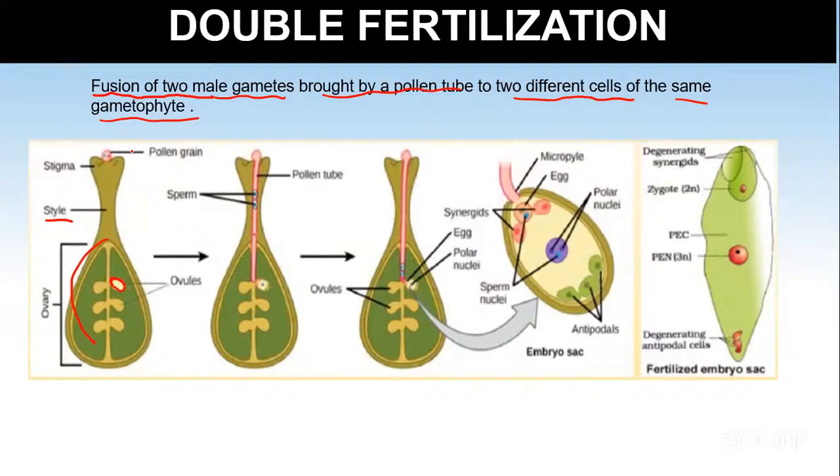Now the pollen grain is deposited on the stigma. This pollen is specific and compatible. Now the pollen tube has germinated and it is entering the ovule through the micropylar end.